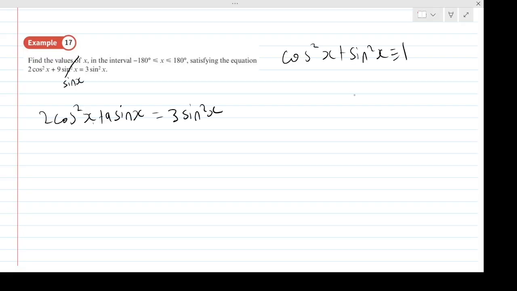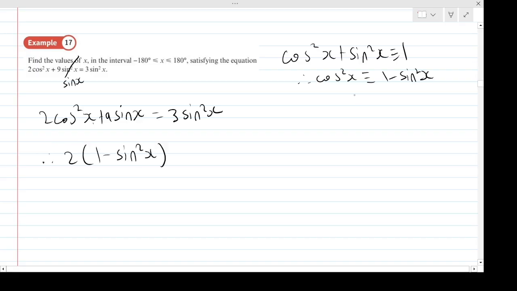Well, actually then, if I just want sine and not cos, I can rearrange this, can't I? So then cos squared would be 1 minus sine squared, okay? Then I can substitute that in here for cos squared. So therefore we get 2 lots of 1 minus sine squared x plus 9 sine x. And then I'm going to move this 3 sine squared to the other side, equal to 0.